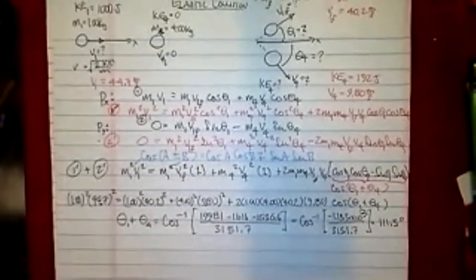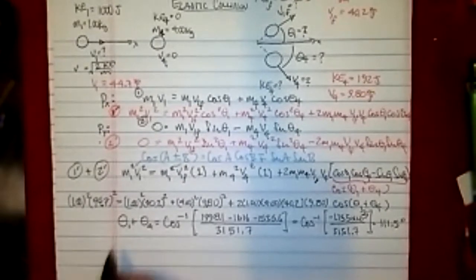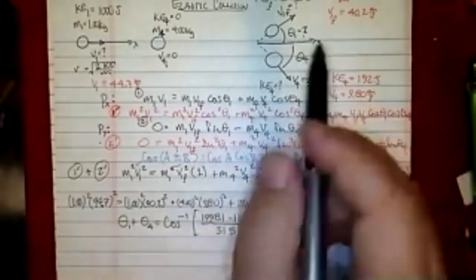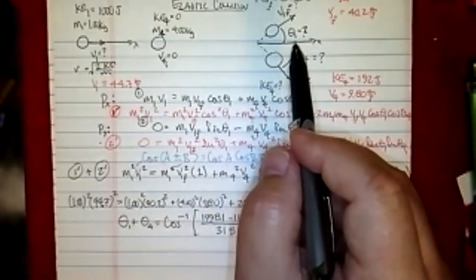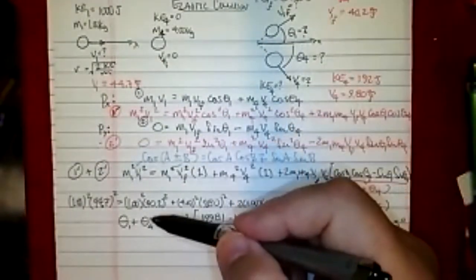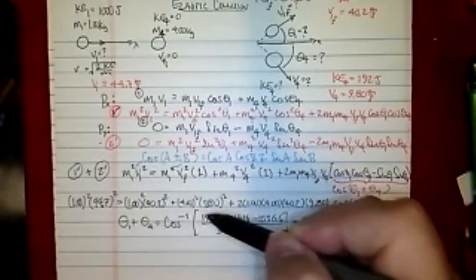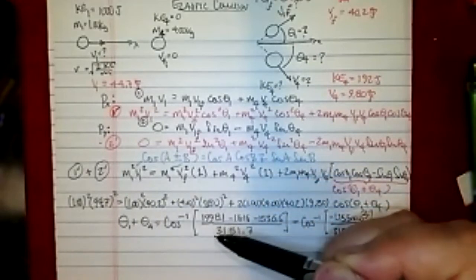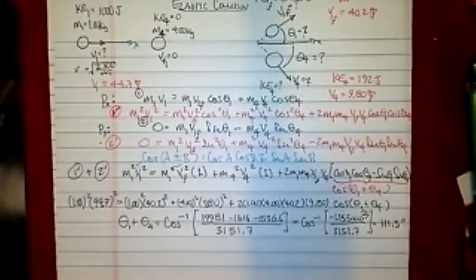So I now know what the sum of the two angles are. So that tells me what I really want, at least in the question that the student asked me about, they really just wanted to know what theta 1 was. So if I solved this for theta 4, then when I solve the next step, the first answer I'll get will be theta 1, which is what I'm really shooting for.